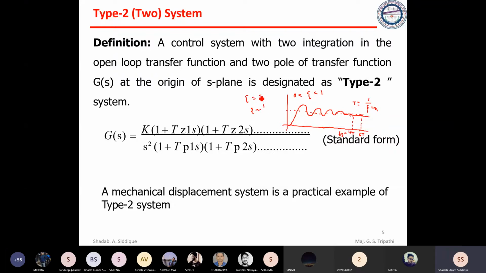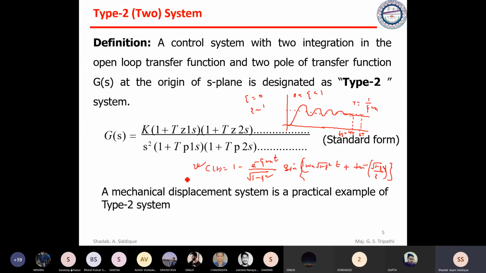We can substitute in the equation we found: c(t) equal to 1 minus e to the power minus zeta omega_n t divided by square root of 1 minus zeta squared, sine of omega_d t plus phi. Omega_d is omega_n root under 1 minus zeta squared, and phi is tan inverse of square root of 1 minus zeta squared divided by zeta. So you can substitute all these values like zeta, and you can find out c(t) also.